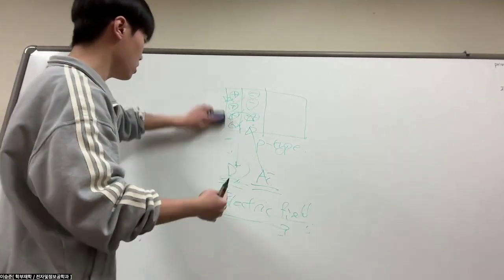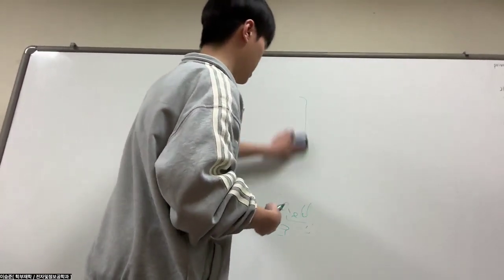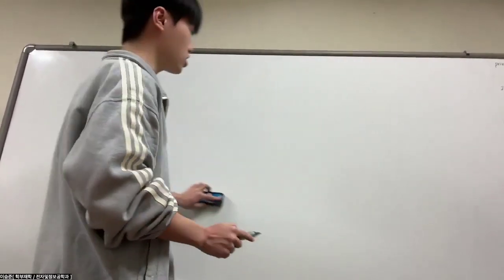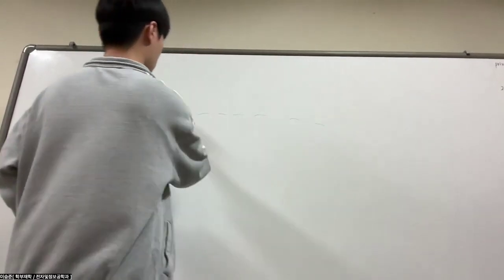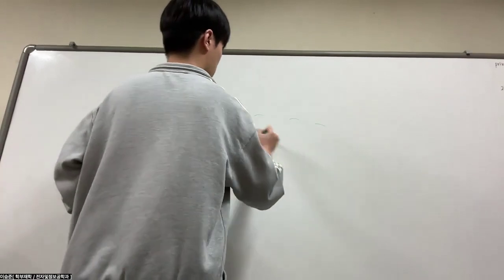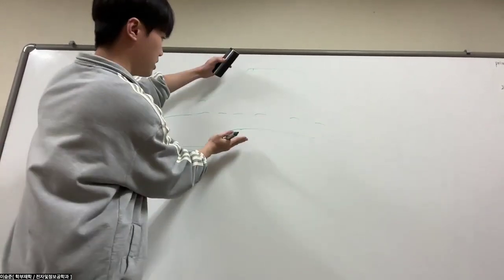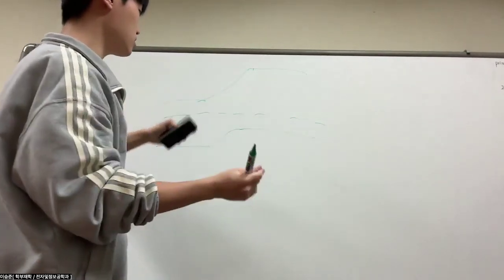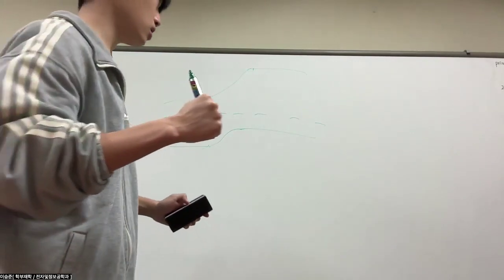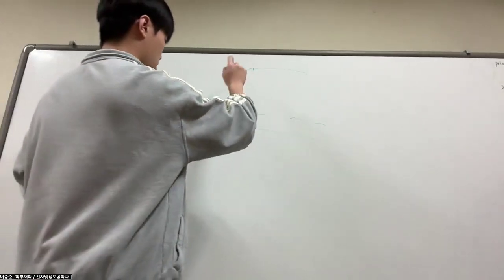So as I draw the energy band diagram of the PN junction, this gradient happens because of the E field, so it goes up.